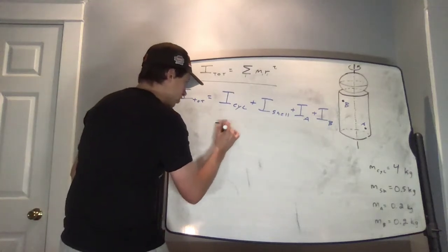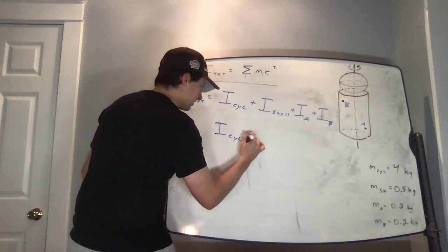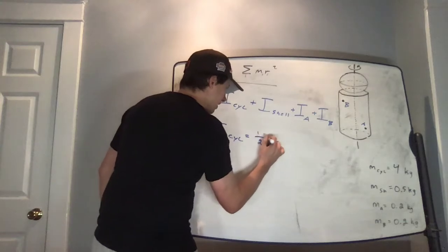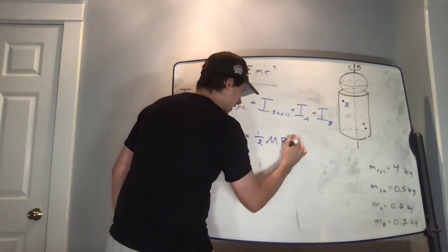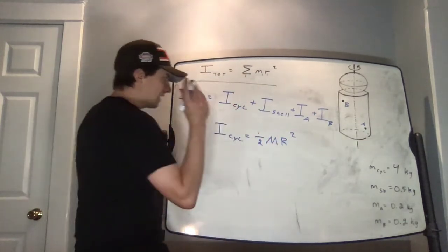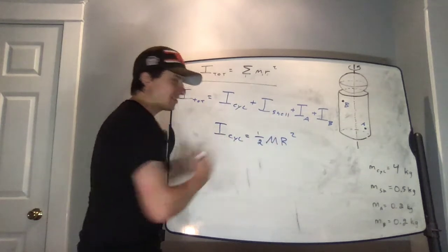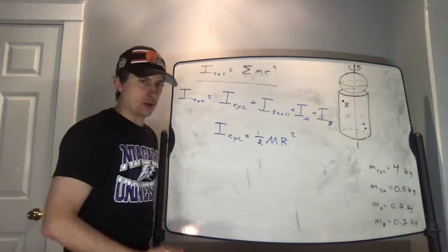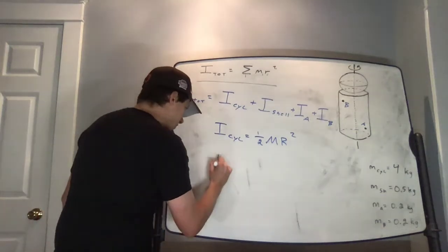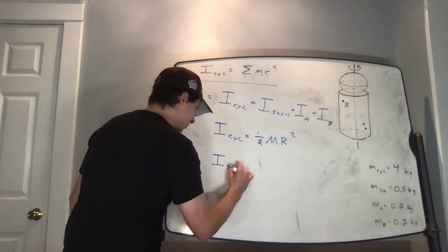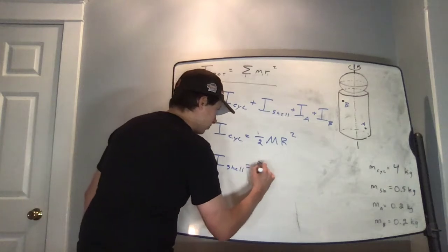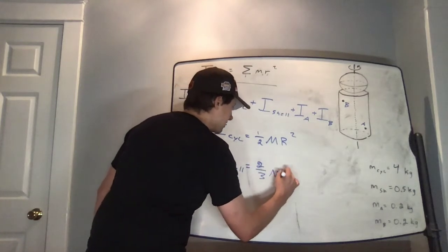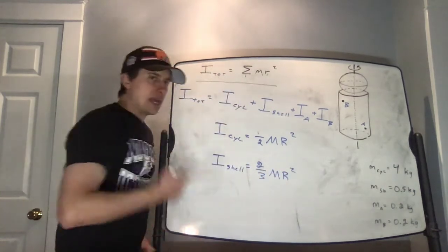So moment of inertia for a cylinder is equal to 1/2 big M times big R squared. And here, big M is the total mass of the cylinder, big R is the radius of the cylinder. And similarly, the moment of inertia for a thin spherical shell is equal to 2/3 big M times R squared.